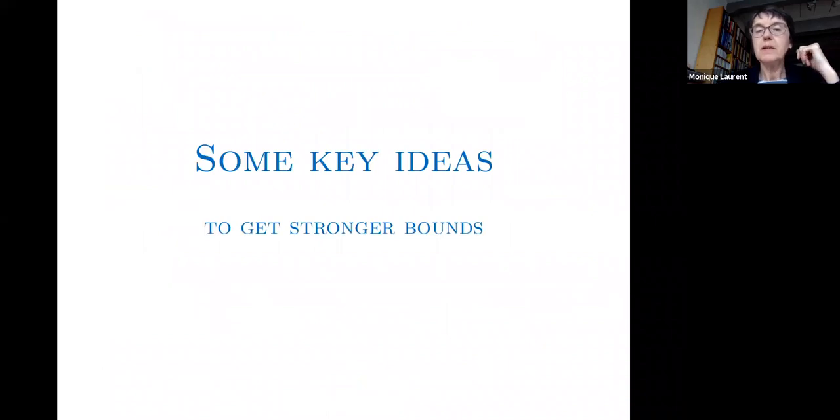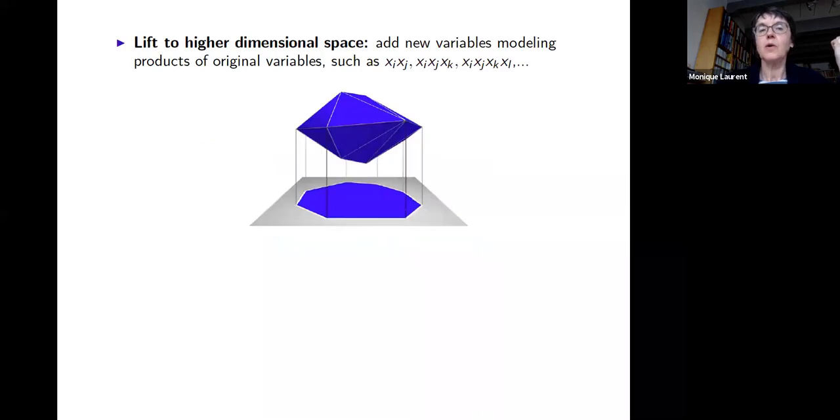So let me briefly highlight a few of the key ideas that are employed in order to get stronger bounds. As just mentioned, the first key idea is to lift the problem to higher dimensional space. Instead of staying in the space of the original variables, we add new variables which model products of original variables, or products of triples of variables, and so on.